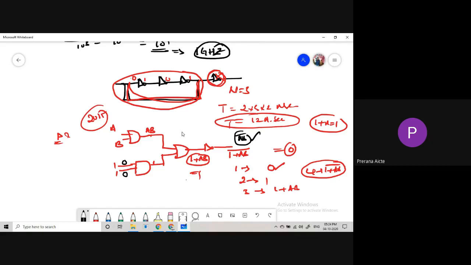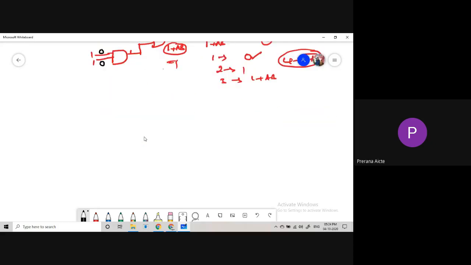Next problem. A XOR of A is nothing but... Do you know these expressions?